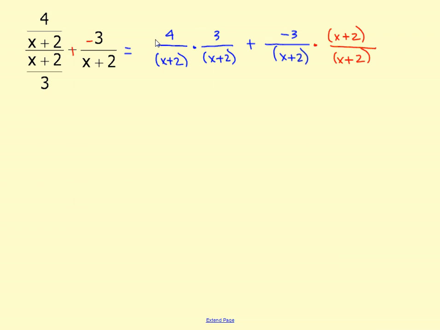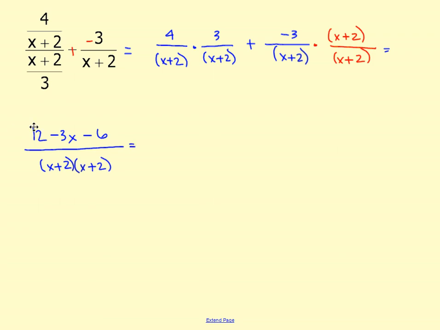So now, multiply these two together, and I get 12. I distribute my negative 3, so negative 3 times x is negative 3x. Negative 3 times 2 is negative 6 over my common denominator, which is x plus 2, x plus 2.